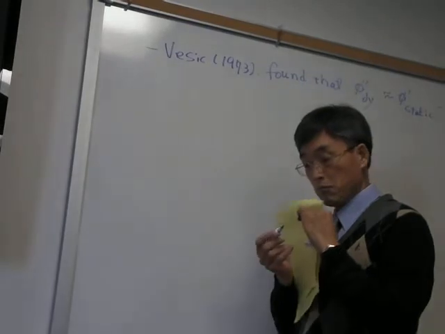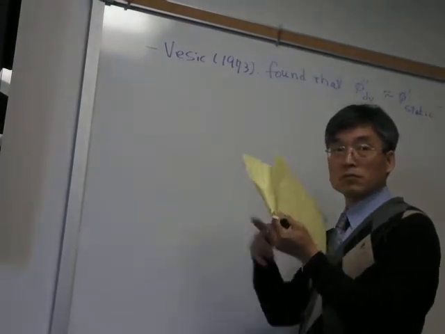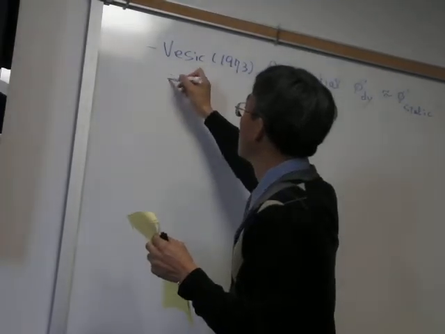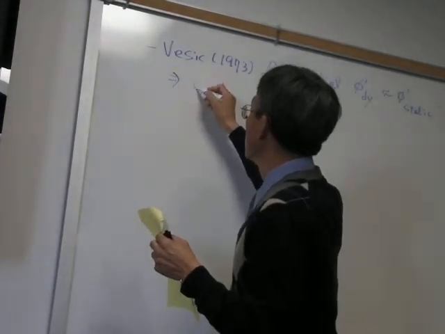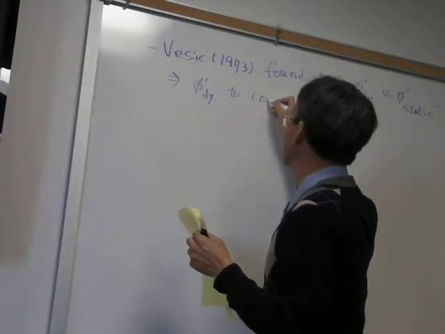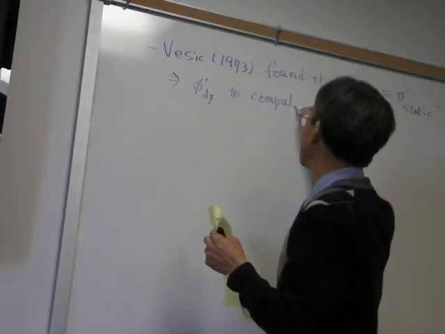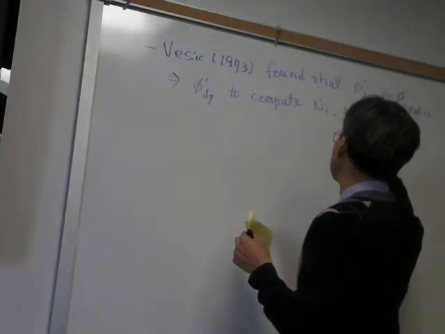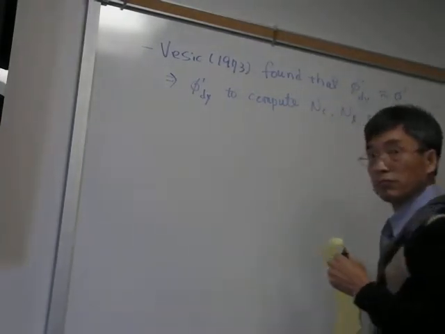Then probably what we can do is we just take the phi dynamic to compute N sub c, N sub q, N sub gamma.